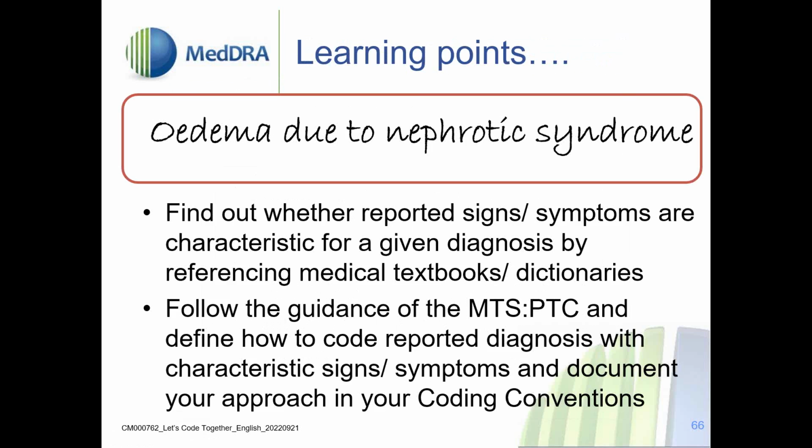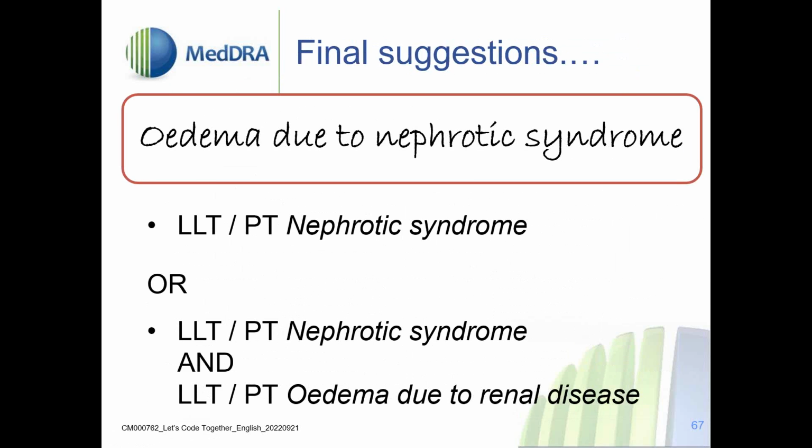So follow the PTC guidance and document the decision taken in your coding conventions, whether you choose to only code the diagnosis or whether you prefer to split code and capture all characteristic signs and symptoms in addition. Depending on your approach, you would either code the diagnosis only by assigning LLT and PT nephrotic syndrome, or you would split code and code the diagnosis plus the edema that was caused by the nephrotic syndrome by assigning LLT and PT edema due to renal disease.